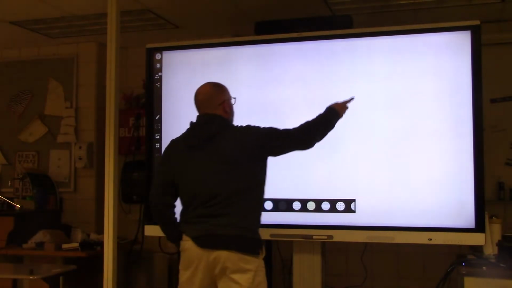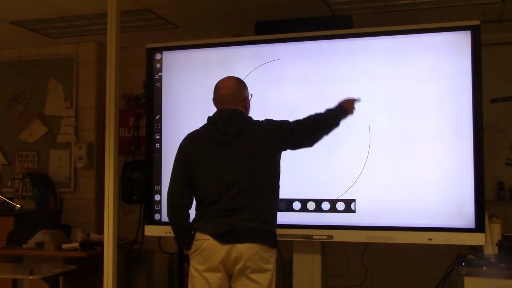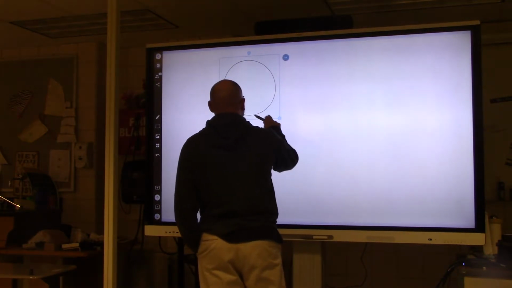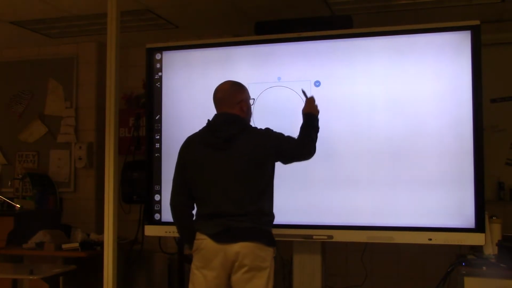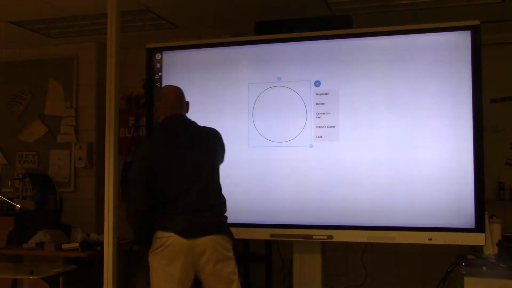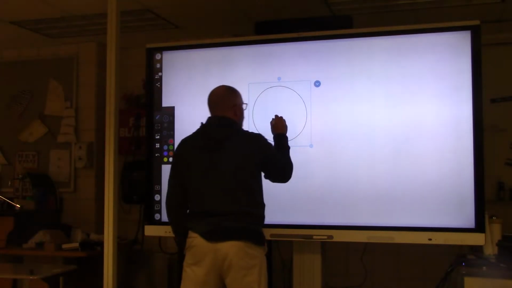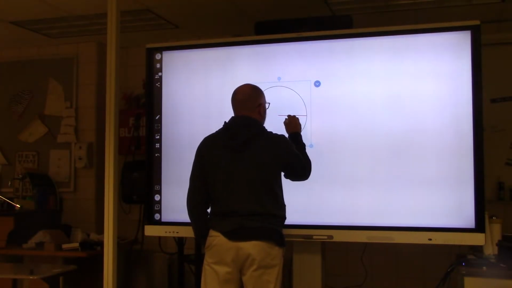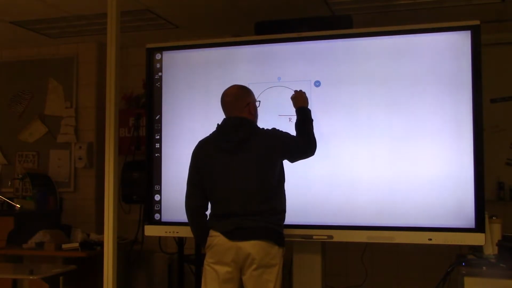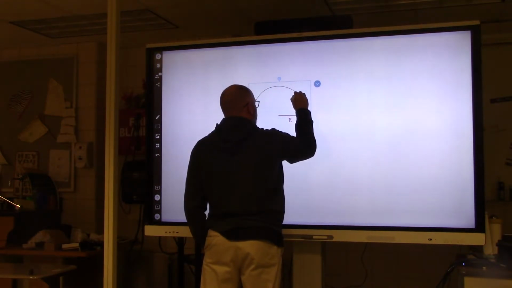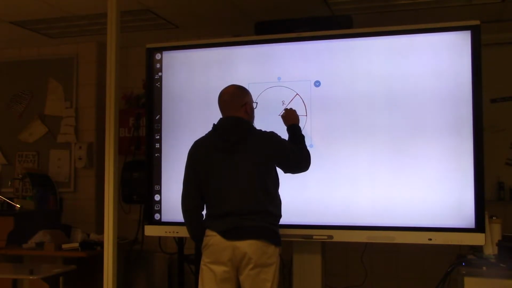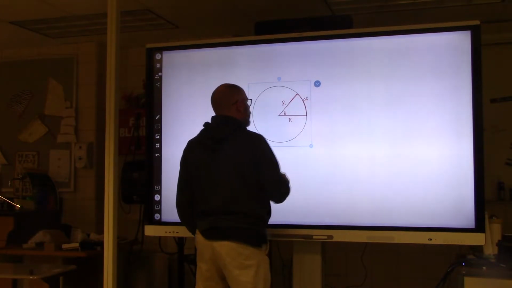So when we talk about these objects that are rotating, so here's the radius, right? Okay?